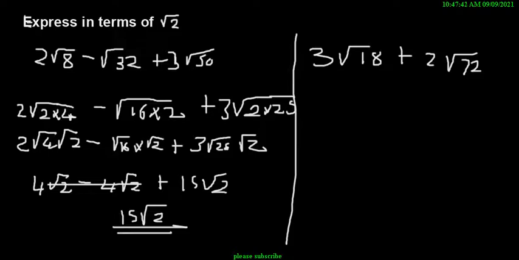Even if you're not given it, you can find the common factor. Do this now. For this one, 2 into 18 is simply 9 times 2.